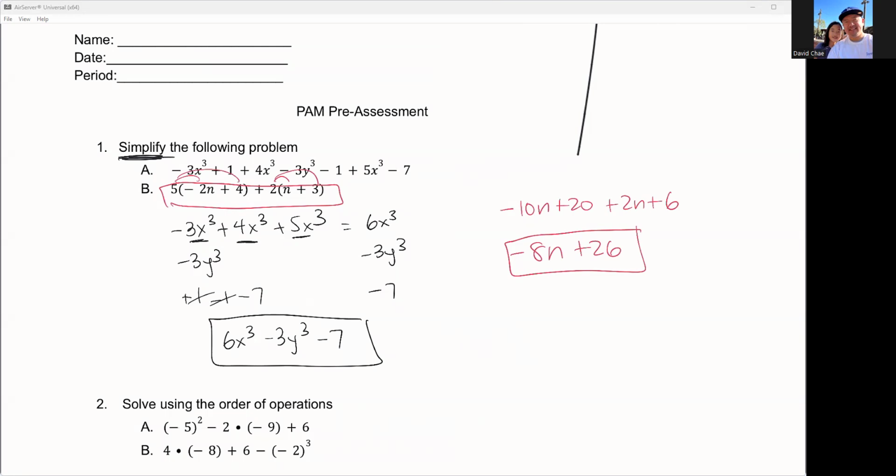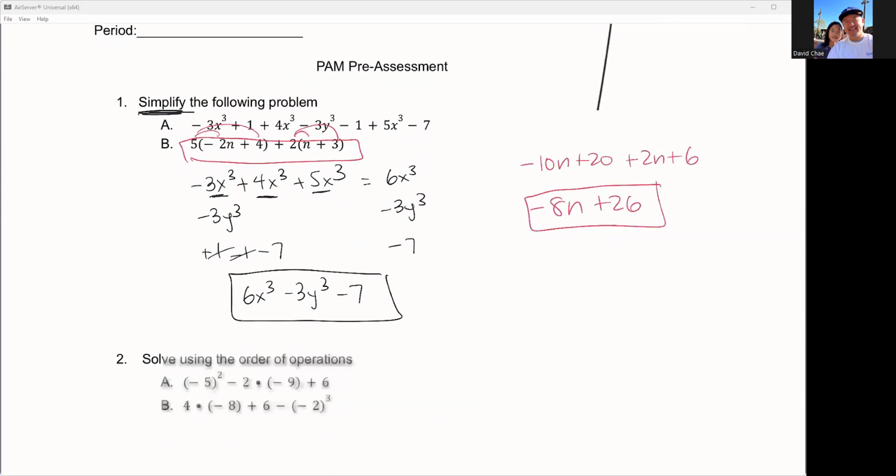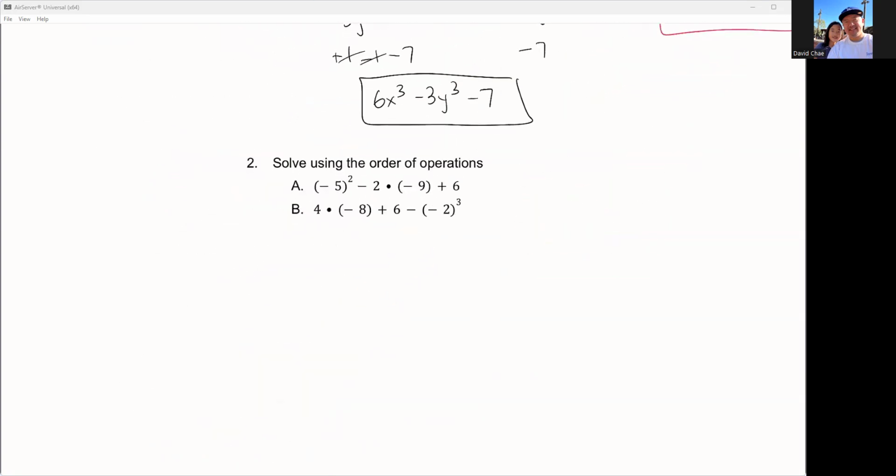Number 2, at least the first part, is kind of confusing, and I apologize for that. This is a negative 2 here, times; a dot is a times. So order of operations, this is 25 minus 2 times negative 9 plus 6.